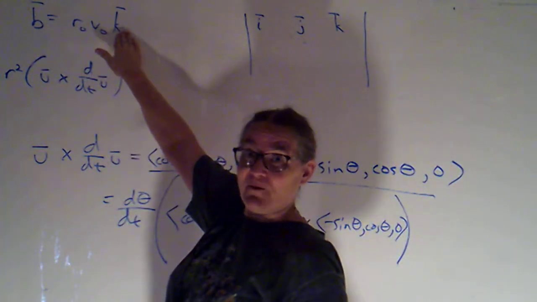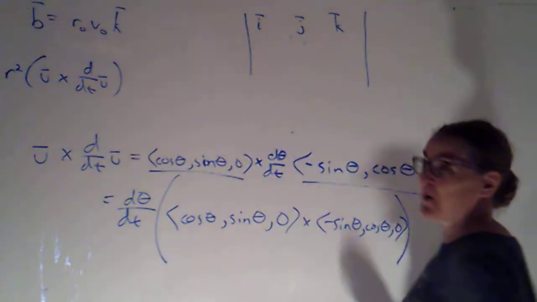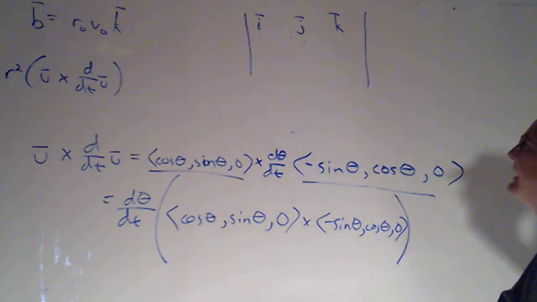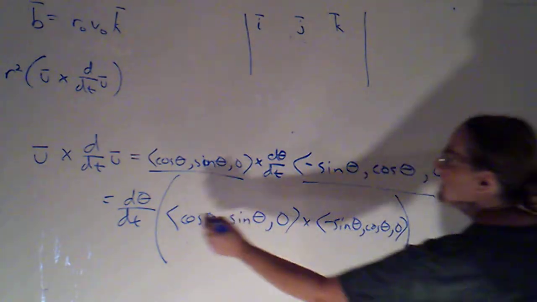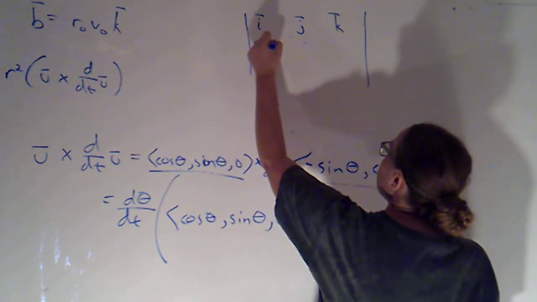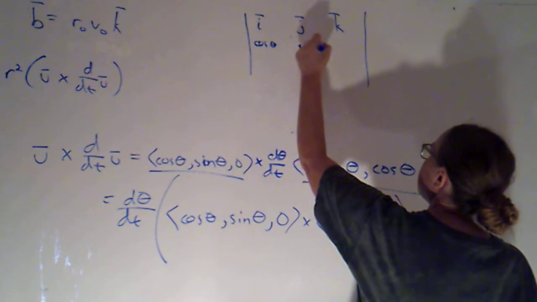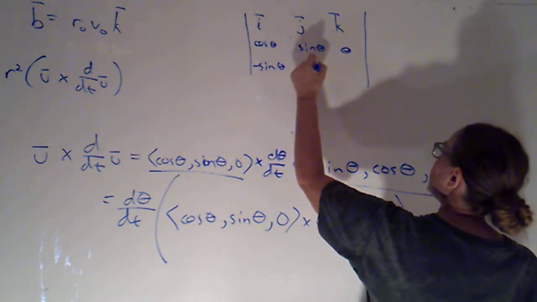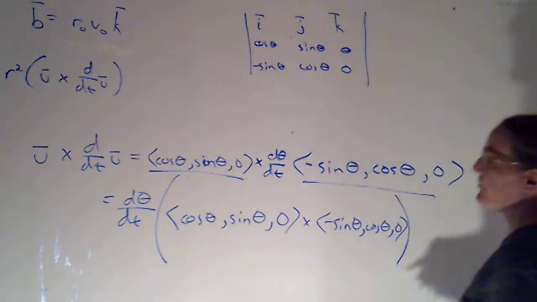It's not on the xy plane. Turns out its description is actually fairly important in this derivation, so I do need to be working in 3 space. So then I've got cosine theta, sine theta, 0, negative sine theta, cosine theta, 0.